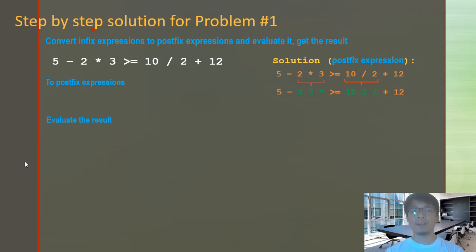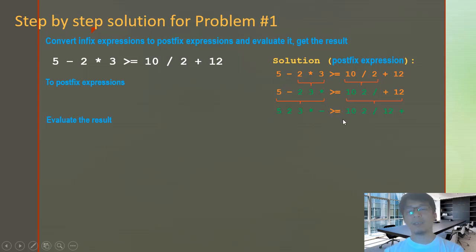Next, we have to check the next operator that we will evaluate. We will be moving the minus symbol to the right of the asterisk and the plus symbol to the right of the 12. So next we have the last operator, greater than or equal.